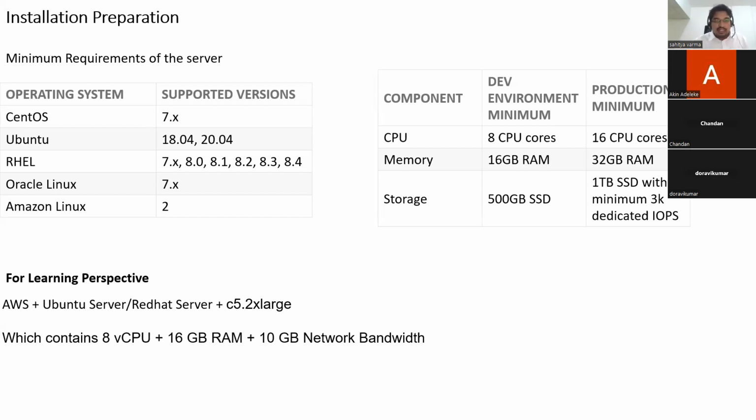So it requires a dedicated server with these minimum infrastructure requirements. And the development environment also requires 8 CPU, 16 GB RAM, and 500 GB SSD. But running that kind of development environment would be difficult for us economically as well.